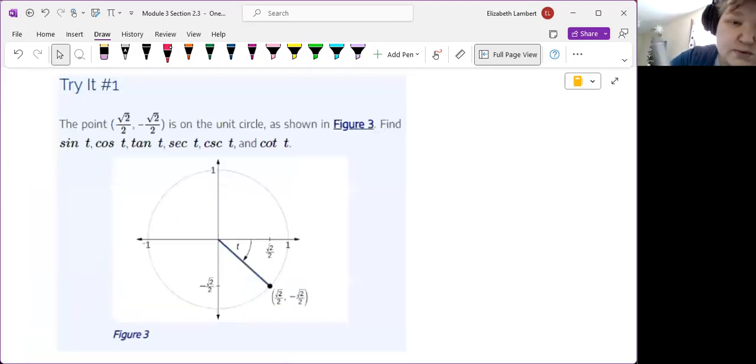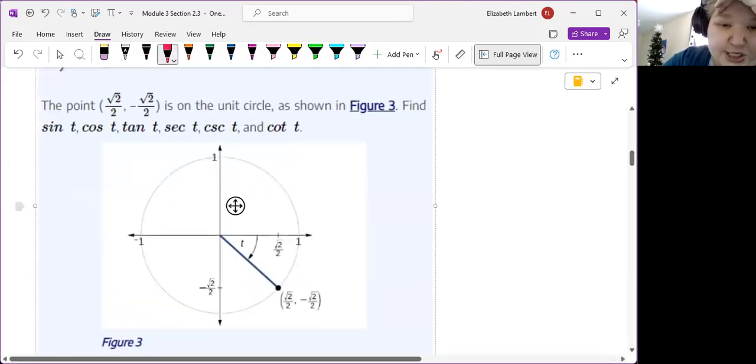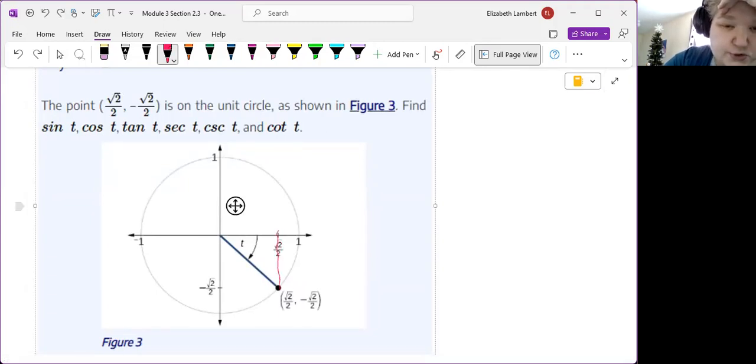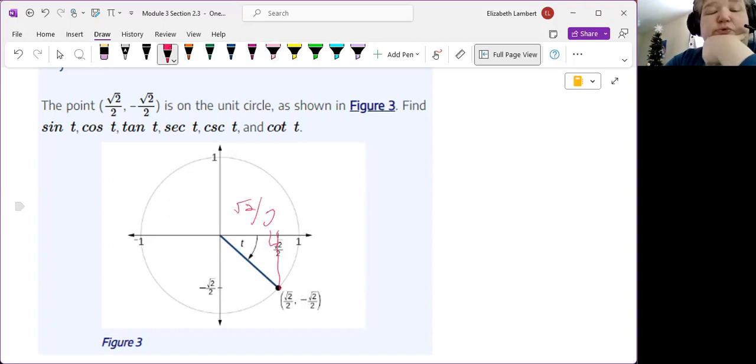So looking at our image here, straight line, yay! So we go positive square root of 2 over 2 over, and negative square root of 2 over 2 down. And that gets us to our triangle.